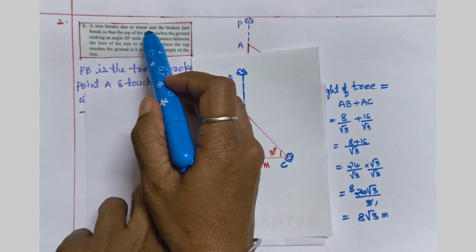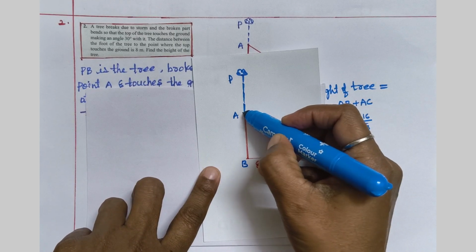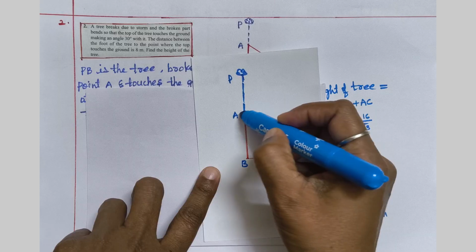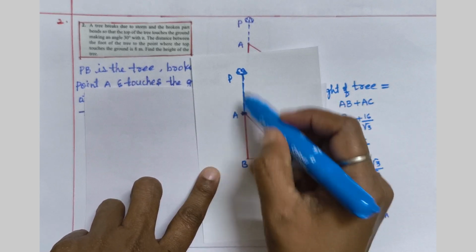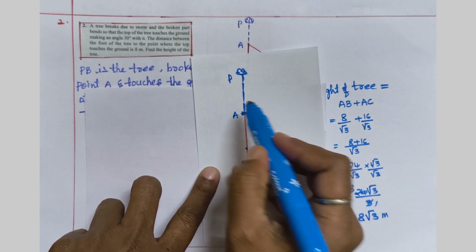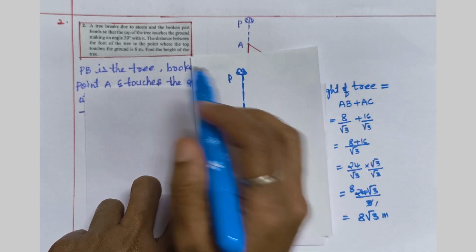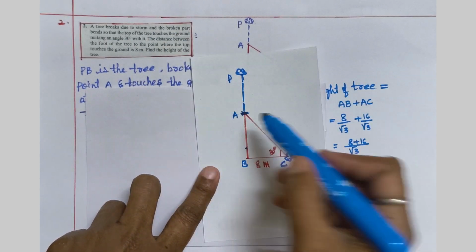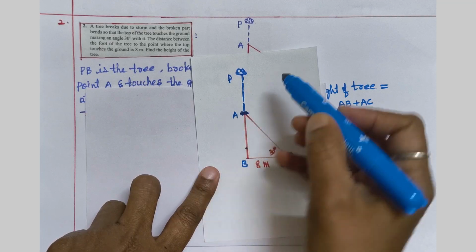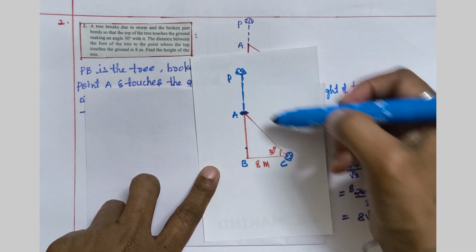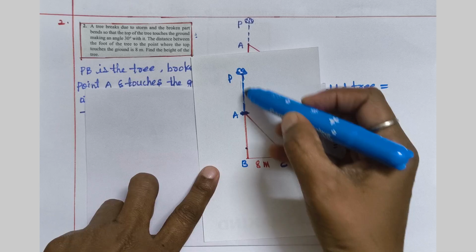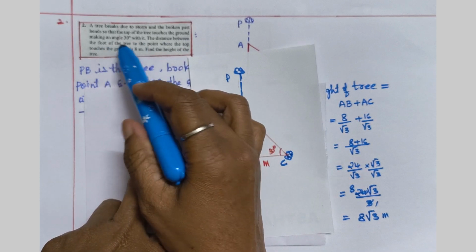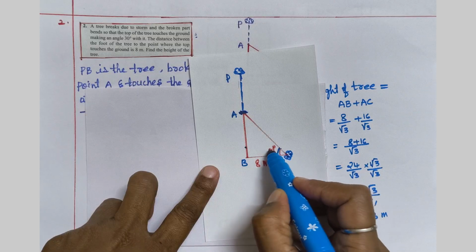A tree breaks due to the storm. This part is the full height of the tree. Some part breaks. The broken part, the top of the tree, touches the ground, making an angle of 30 degree.